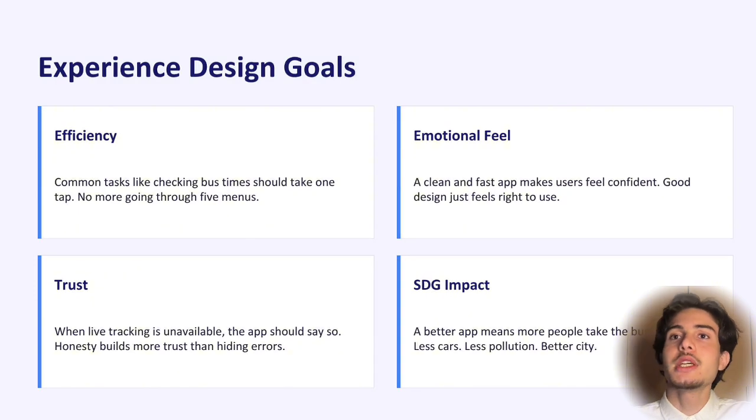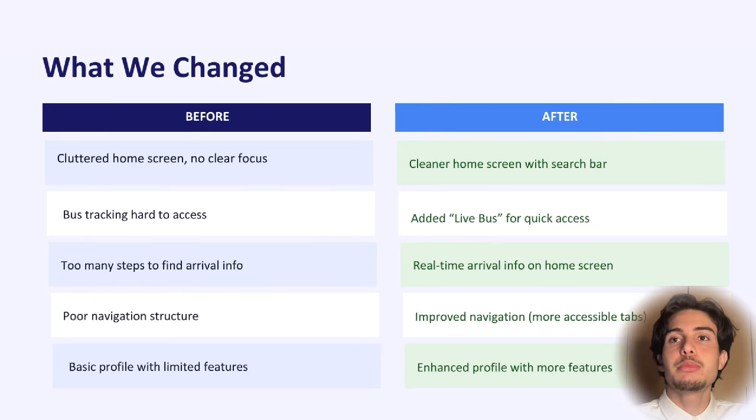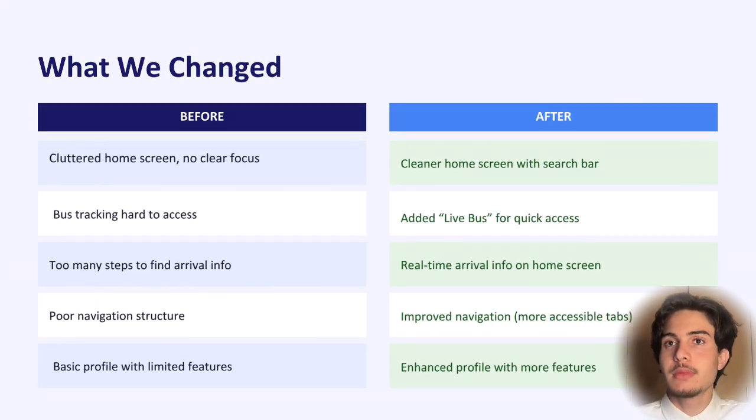Let's see what we changed. So we improved many things. The home screen was messy, now it's clean with a search bar. Bus tracking was hard to find, now we added bus tracking for quick access in the menu bar.